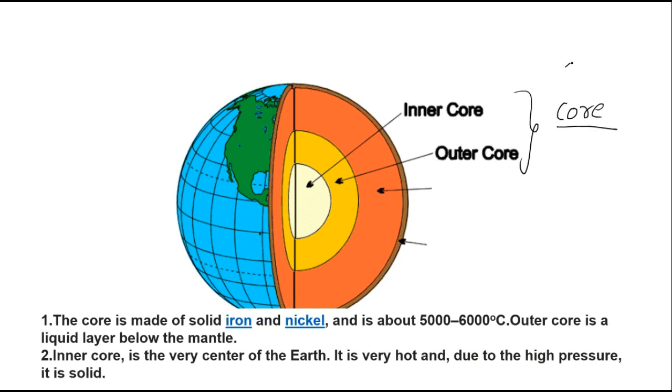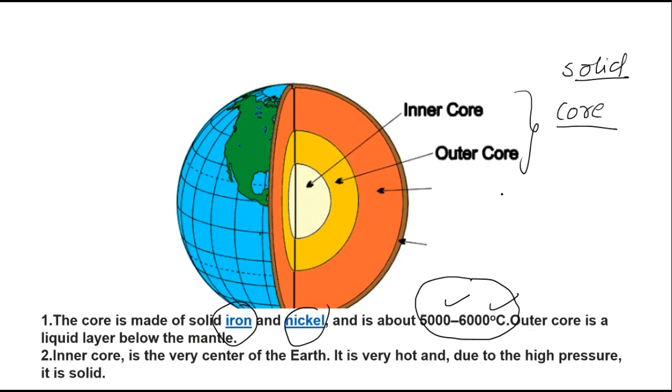It is solid, okay, and it has a very high temperature, around 5000 to 6000 degree Celsius or centigrade, right? You may ask why, in spite of 5000 to 6000 degrees centigrade, the minerals such as iron and nickel which are there are not in a liquid state.